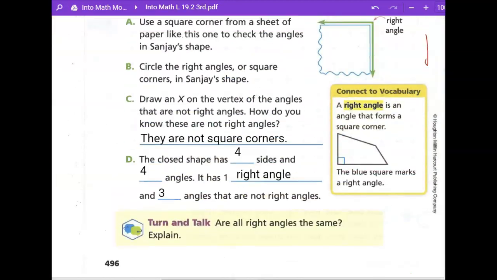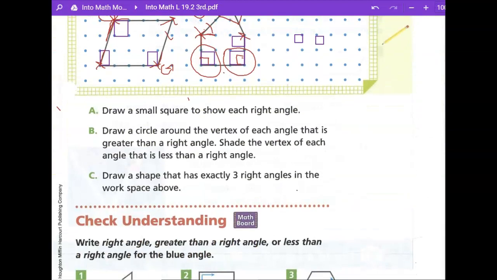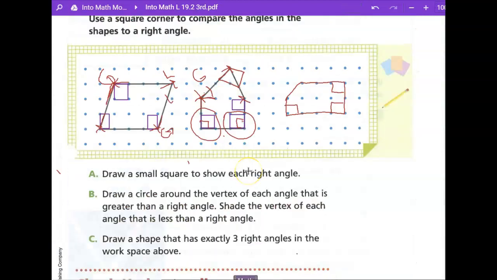Yeah, I did. This is on the next. I think I missed a page in my download. Okay, so to do number 3, C, you will have to draw a rectangle and then cut one of the corners off. Okay?